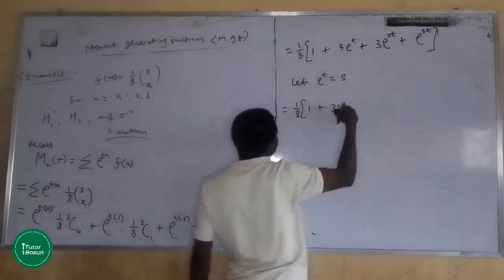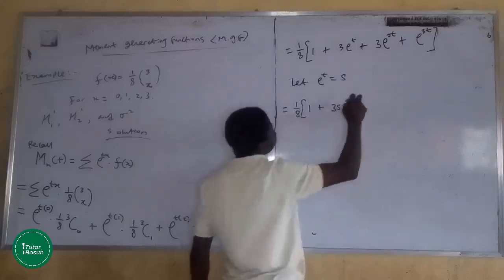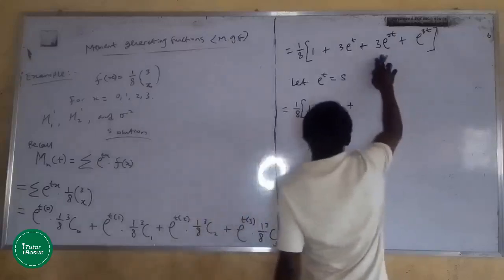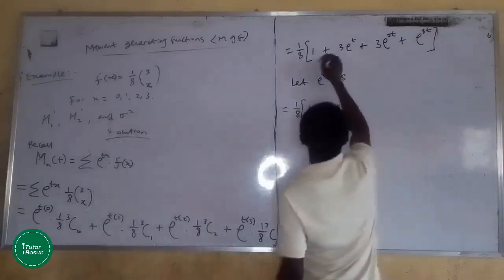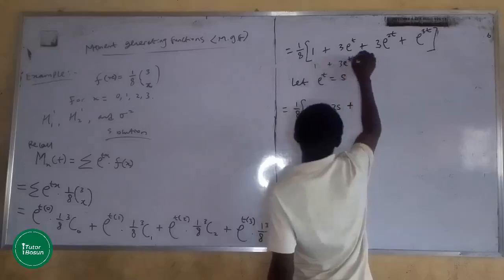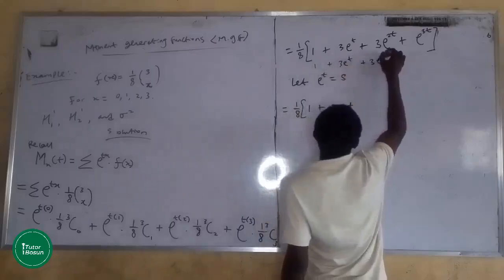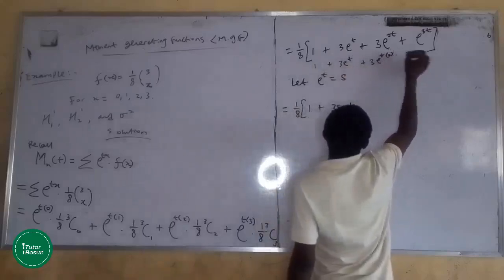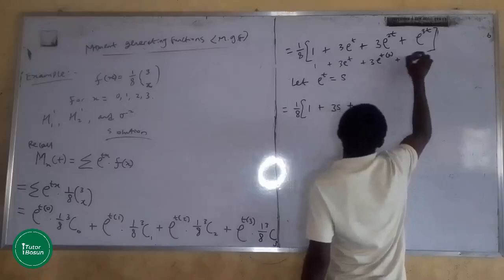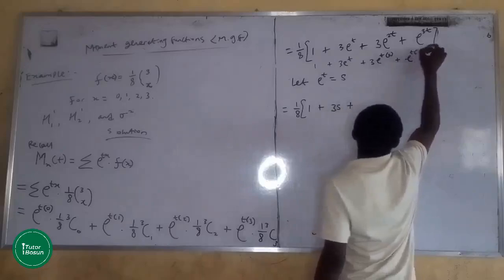You know exponential t equals s, right? Plus, if you want to write this, it's going to be 1 plus 3 exponential t plus 3 exponential t times 2, right? Plus exponential t times 3.